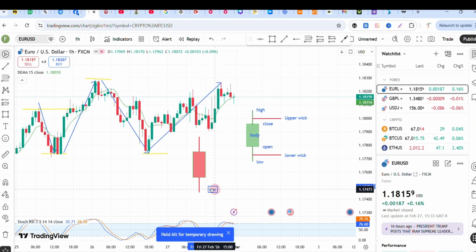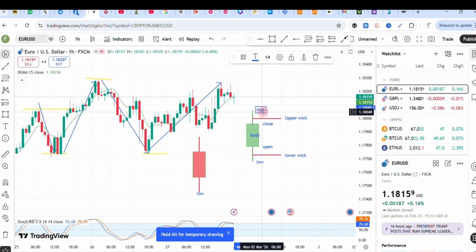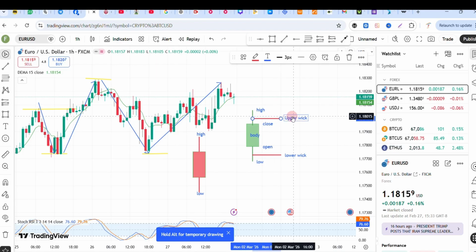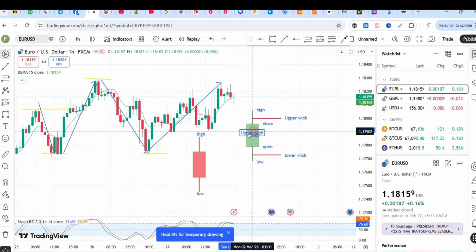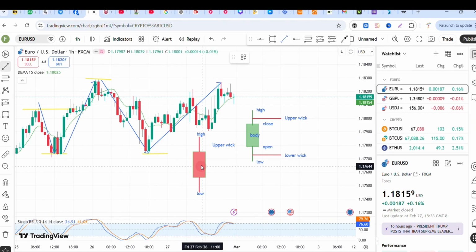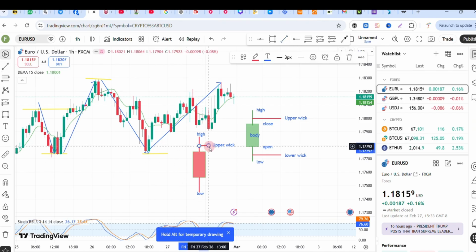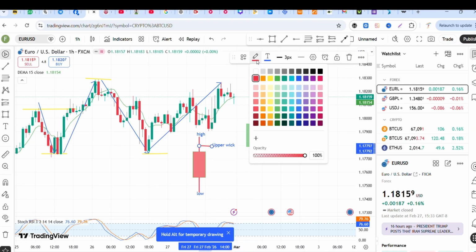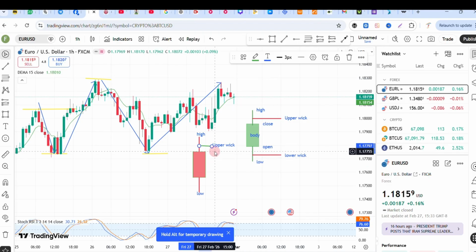this is the low. That is the same for both bearish and bullish. This is the high, this is the upper wick, so let me label this green.